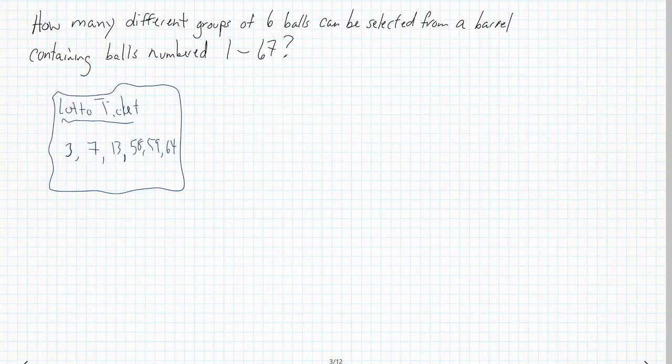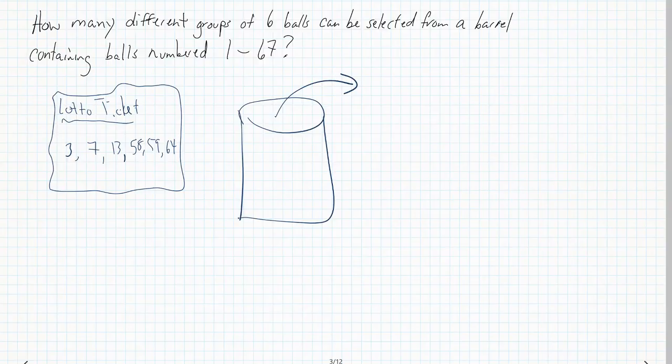Okay, and so let's say here's our bin, and coming out from this bin, let's say they draw 7, 13, 64, 59, 58, and 3. Would you be happy if that was your lotto ticket and that's what they drew out of that bin?